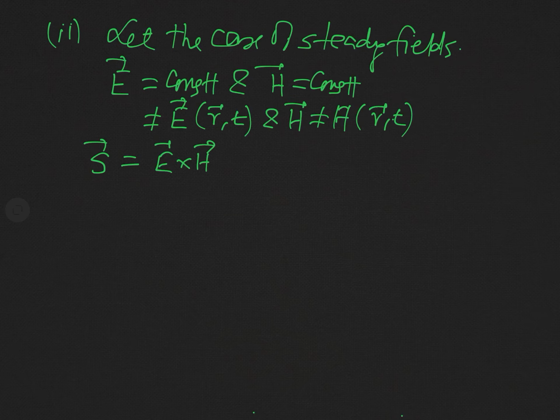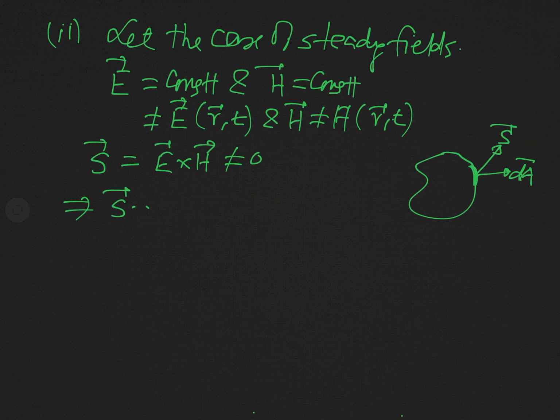And since these are constant, not in fact 0, this S equal to E cross H is not equal to 0 in general. And this implies if we take an elementary area, let us say dA, then the flux of the Poynting vector S through this elementary surface dA, which will be S dot dA, will be not 0.